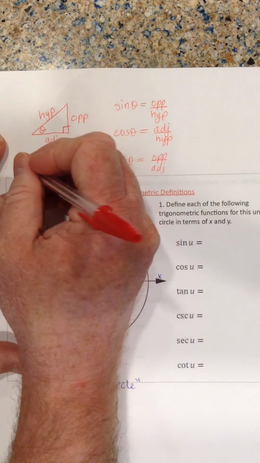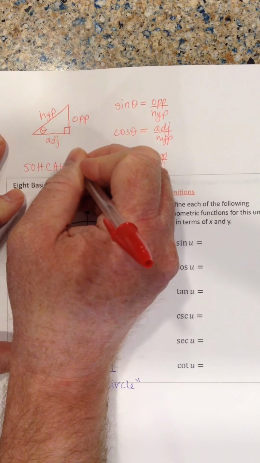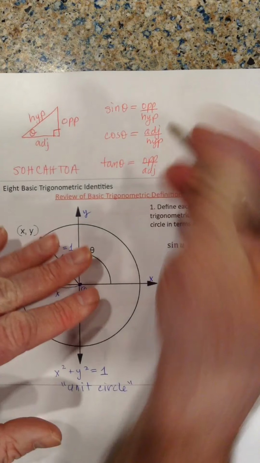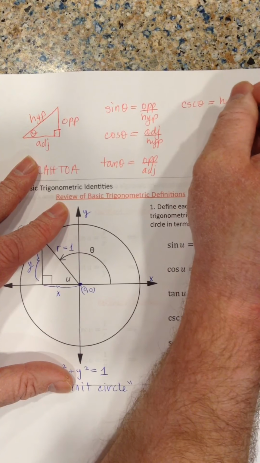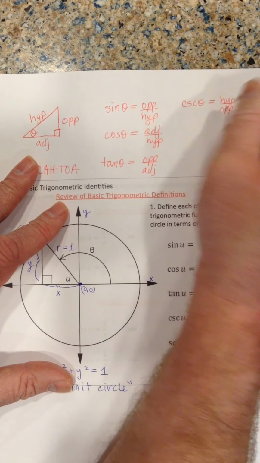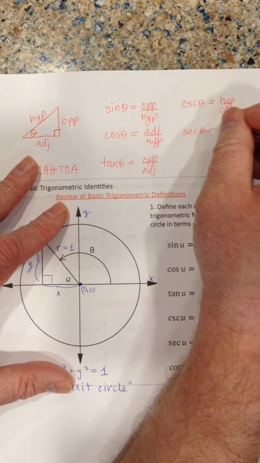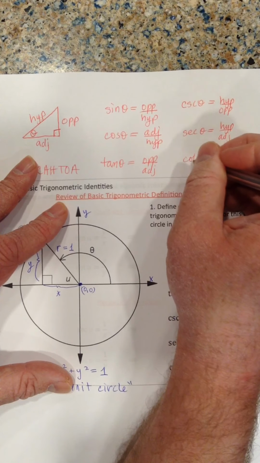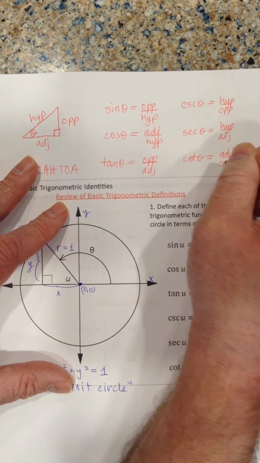And a lot of students know this mnemonic device, SOHCAHTOA, to know those 3. Okay, and then also we could define cosecant of theta as hypotenuse over the opposite side, and secant of theta as hypotenuse over the adjacent side, and cotangent of theta as adjacent over the opposite side.